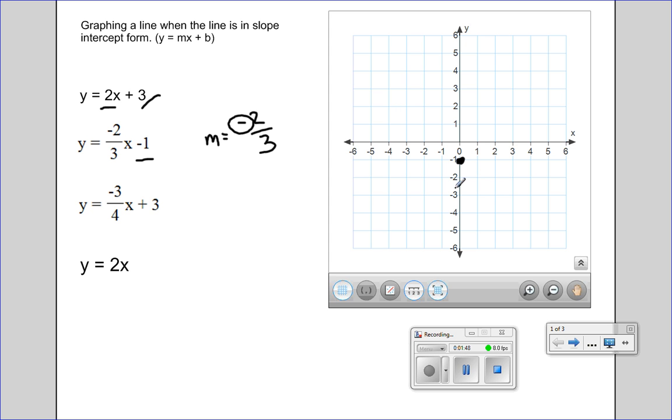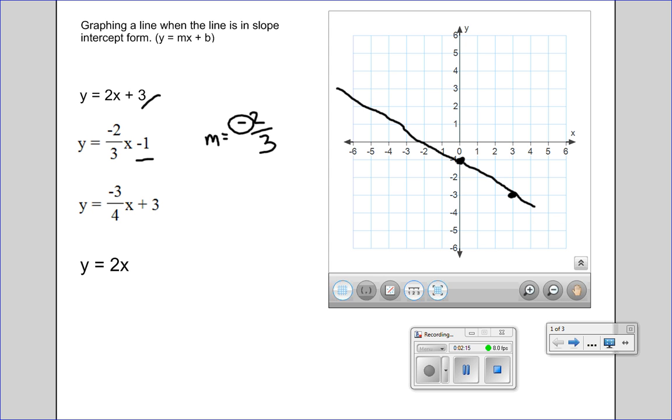So down 2, and then over 1, 2, 3. Down 2, 1, 2, 3. And I can graph my line. And that's the equation y equals negative 2/3 x minus 1. Notice this line is going down instead of up because it has a negative slope.